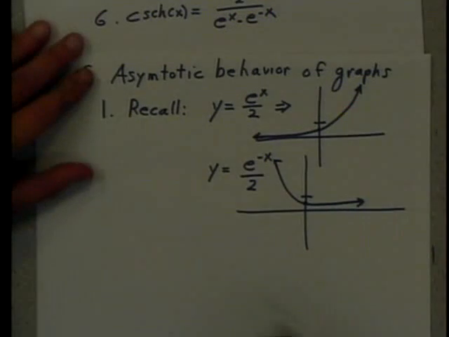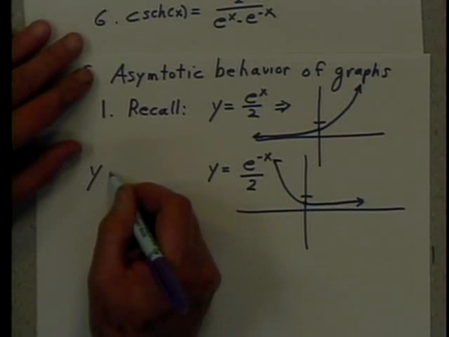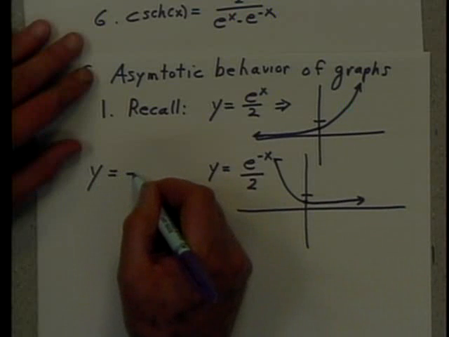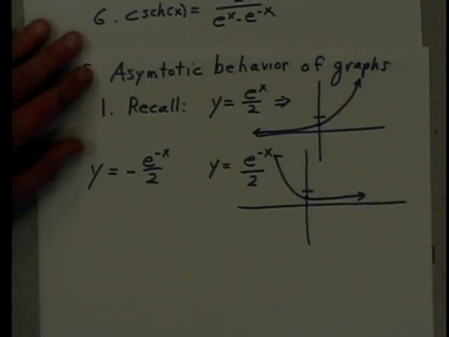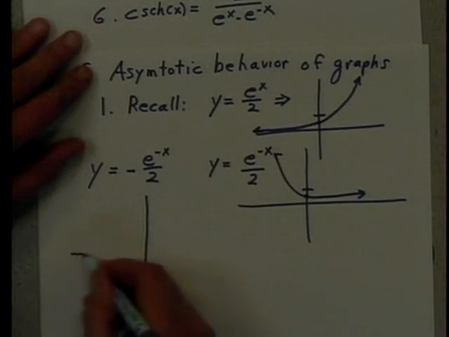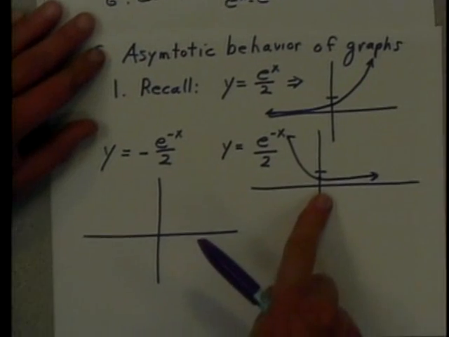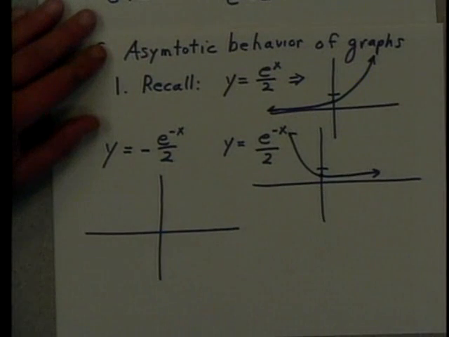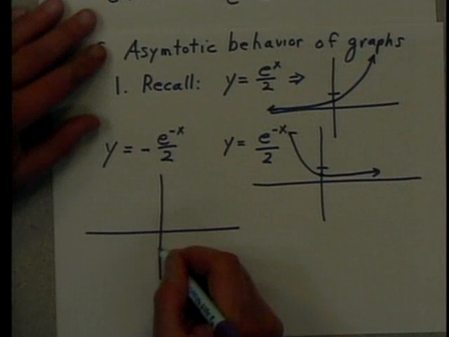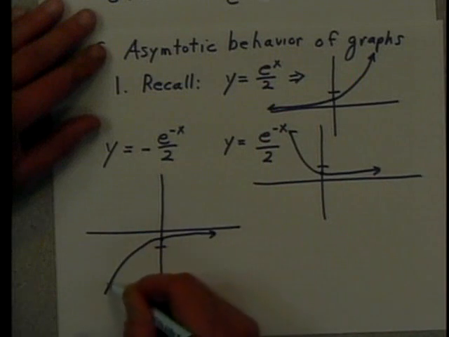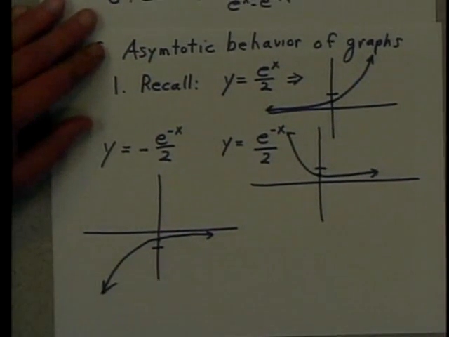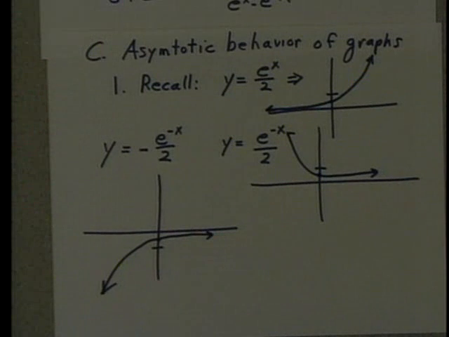The other one I need, though, to accommodate everything is the opposite of e to the minus x over 2, because sometimes there's a minus sign in front of it. But I think once we've done this one, do you remember what a minus in front does? Flips it over or reflects it over the x-axis, so that would be one like this. Okay, we may have to pull those graphs back momentarily.